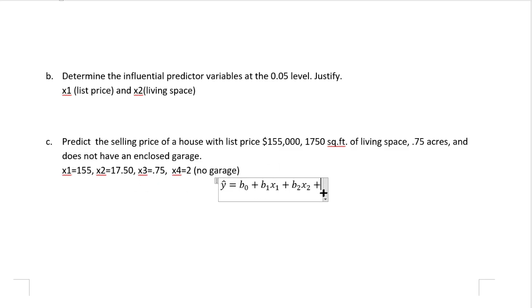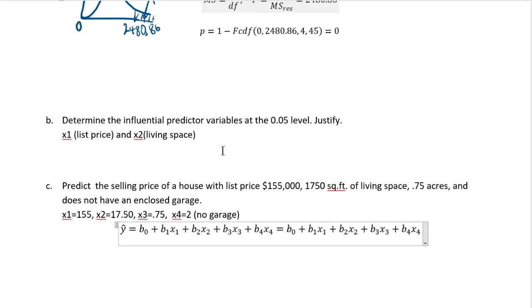Those are the predictor variables, and because we have 4 of them, we have to put plus b4 x4, and furthermore we have to use the values of b0 through b4 from the above chart.